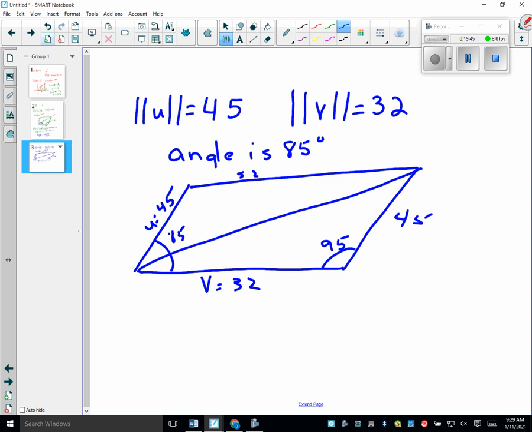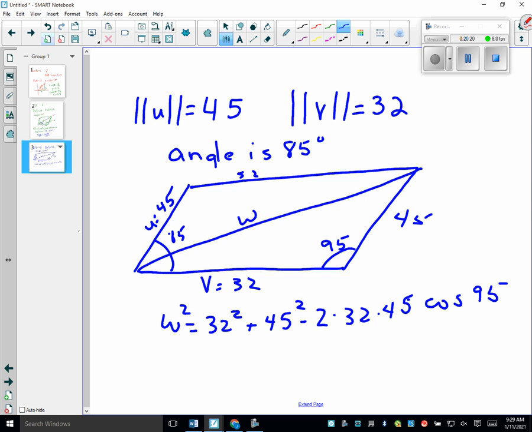Right? And this is W. Really, these are vectors. This is what is given, and this is how I come up with the picture. So do you all agree that W squared is 32 squared plus 45 squared minus 2 times 32 times 45 cosine of 95?